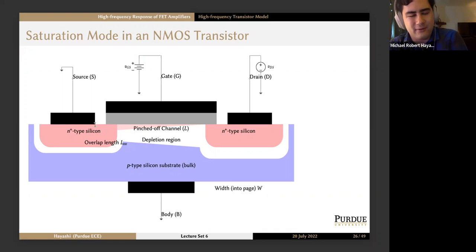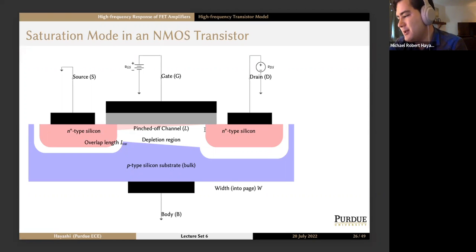And part of this is, even if you're very careful about implanting, the high concentration of donors is going to cause the donor atoms to diffuse outwards throughout the crystal. So you're going to get some overlap length no matter what you do. So we say that the overlap length is between 1/20th and 1/10th of the overall channel length. That's just a good rule of thumb. I said, split the difference, 0.075 times the length is the overlap length, basically. And you get one on each side.